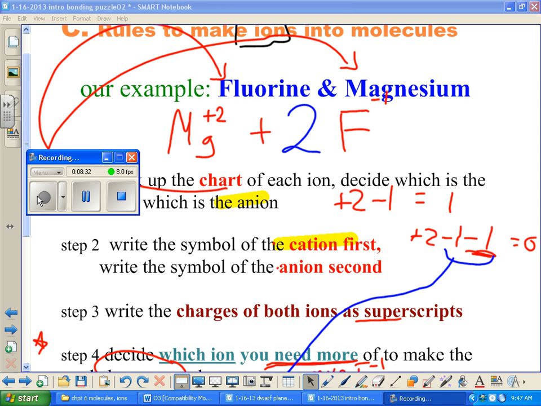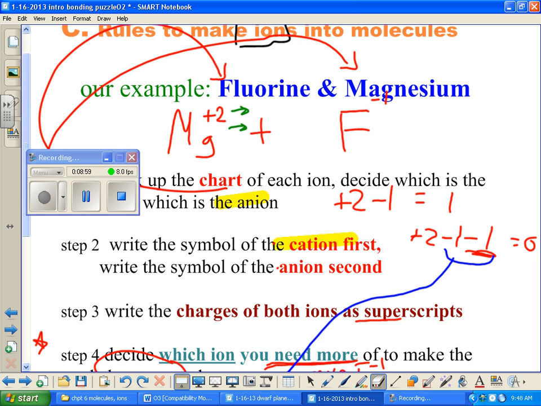But what's really going on with that is, this magnesium wants to do what with 2 electrons? Is it going to give or take? Plus 2. What do I get to become a cation? What I give away. So what's really going on is this magnesium says, I have 2 electrons. I would like to get away so I can be more stable.